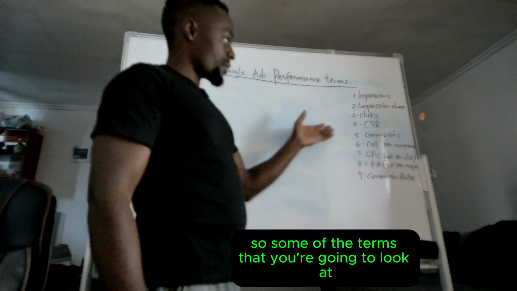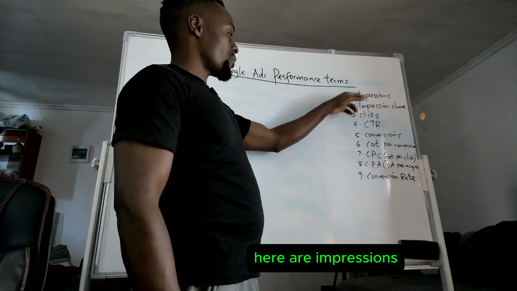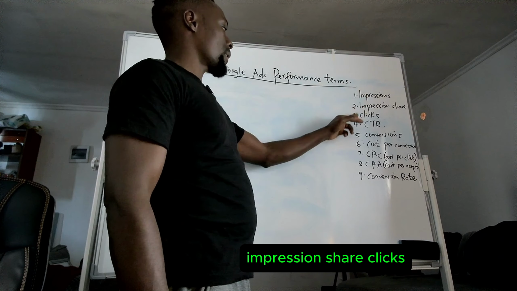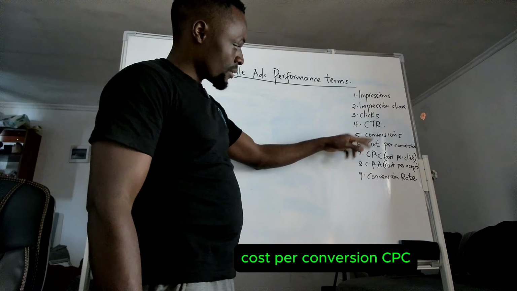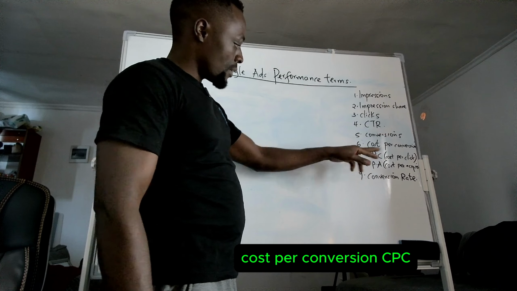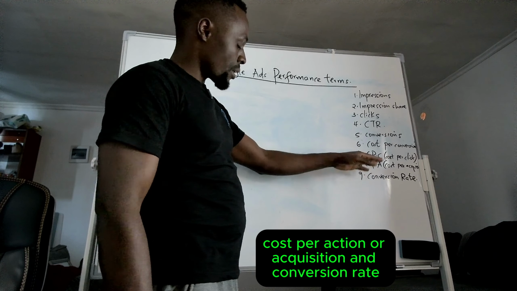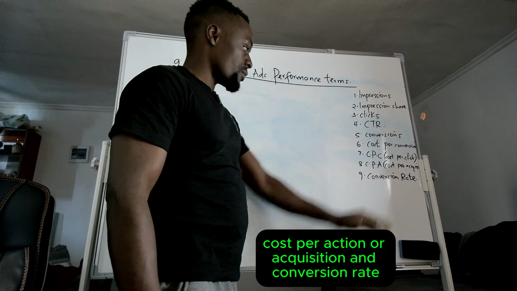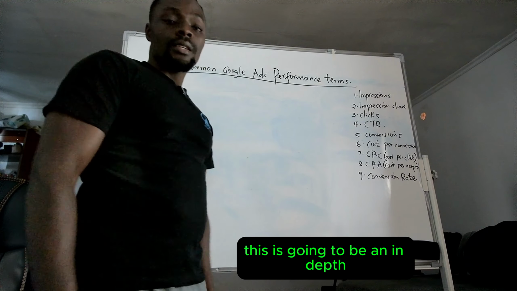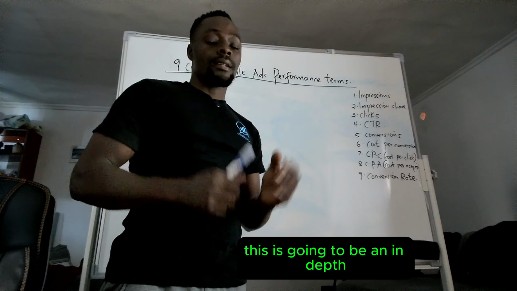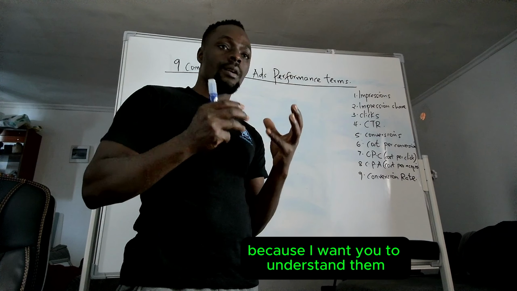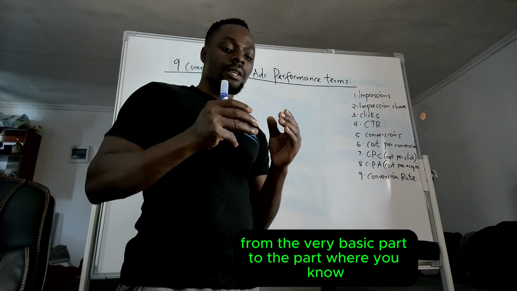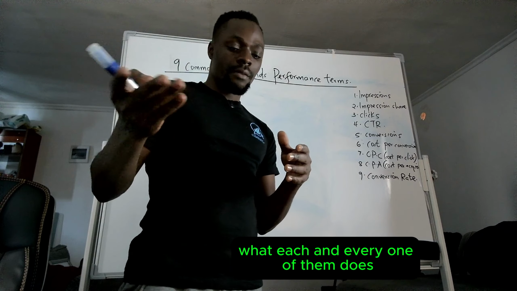Some of the terms that we're going to look at here are impressions, impression share, clicks, CTR, conversions, cost per conversion, CPC, cost per action or acquisition, and conversion rate. Now, this is going to be an in-depth overview of these terms because I want you to understand them from the very basic part to the part where you know what each and every one of them does.